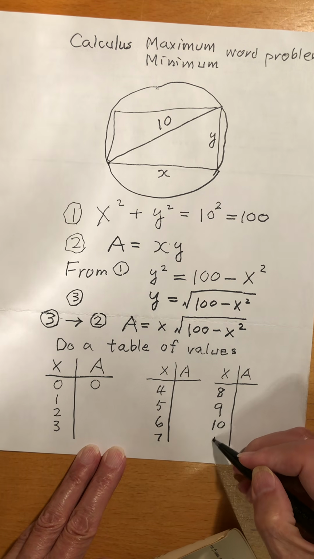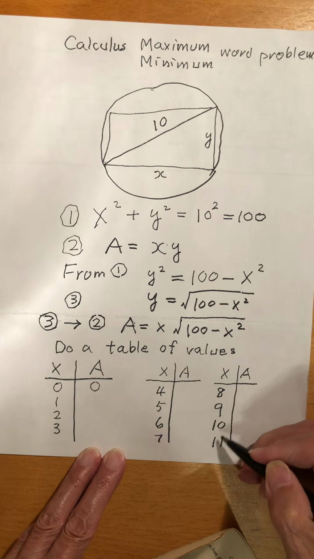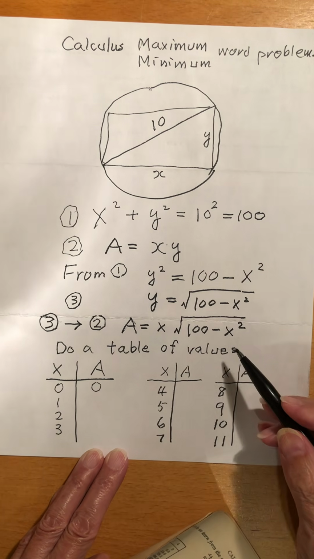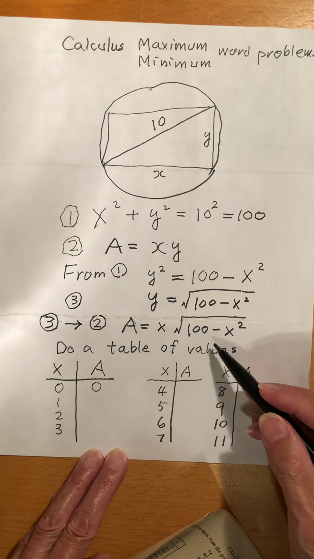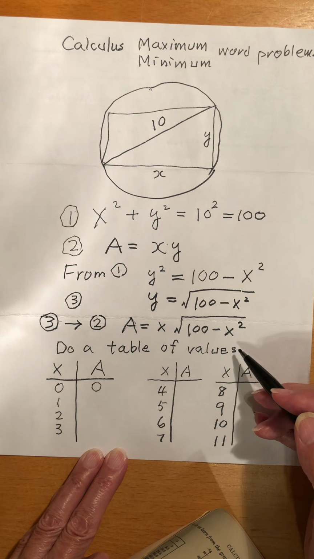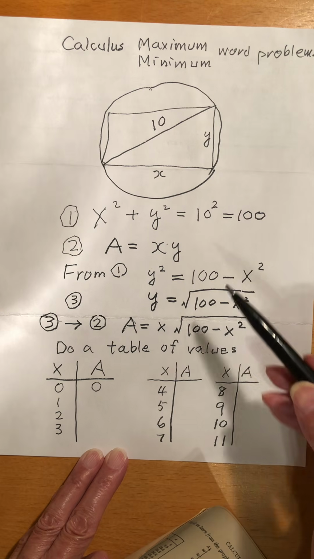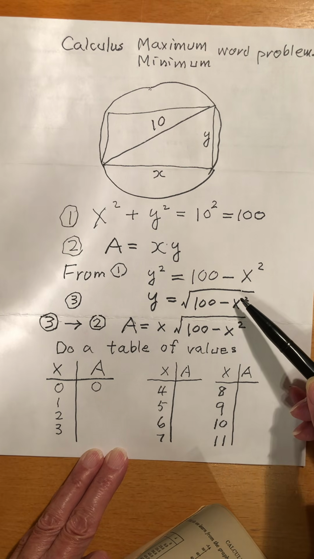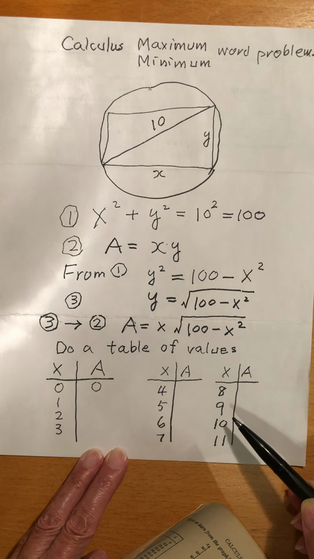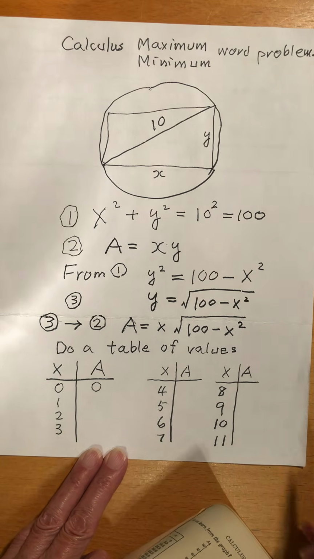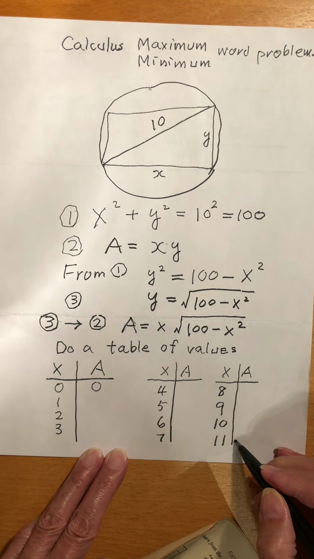I cannot have 11, you see, because if I have 11, 100 minus x squared becomes a negative number. I cannot square root a negative number. So the largest x value allowed is just 10. So this is not allowed.